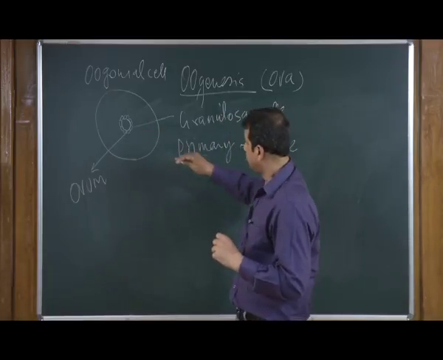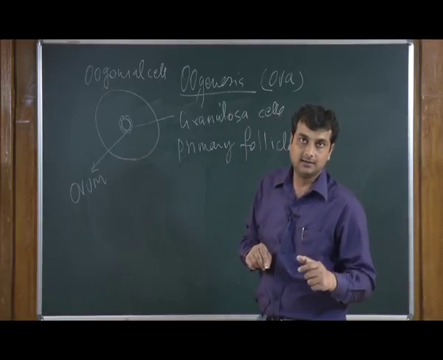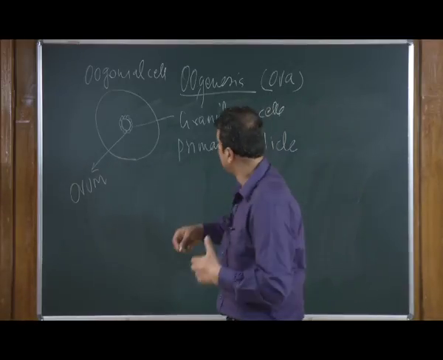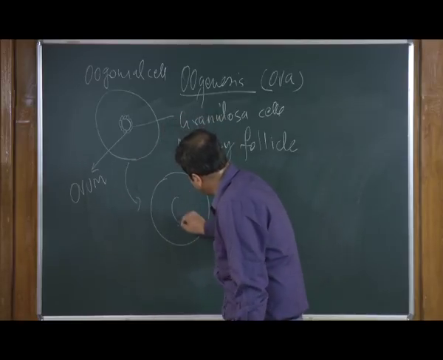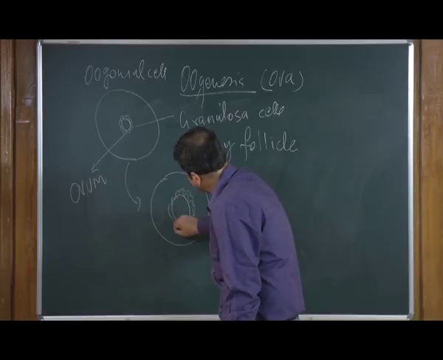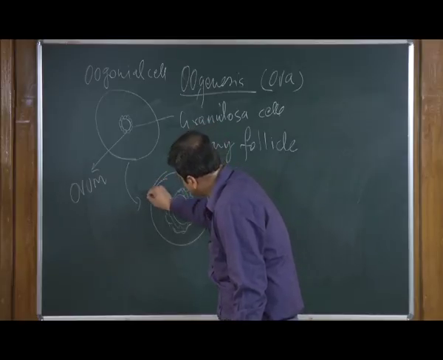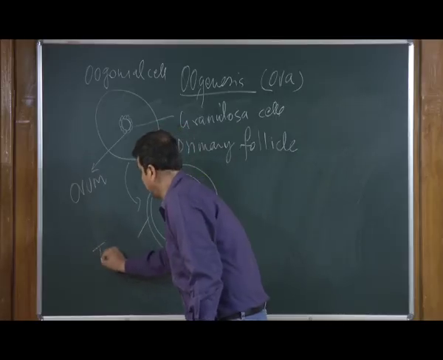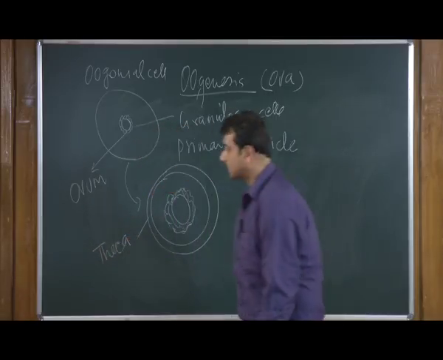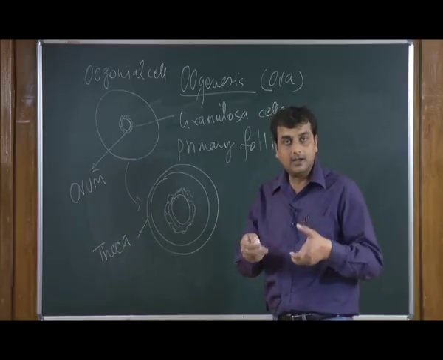Now this primary follicle is converted into a secondary follicle by the addition of more granulosa. Eventually this cell will have a thicker layer of granulosa cells, and also the addition of the thecal layer, which we simply call theca, the outer covering of this follicle.